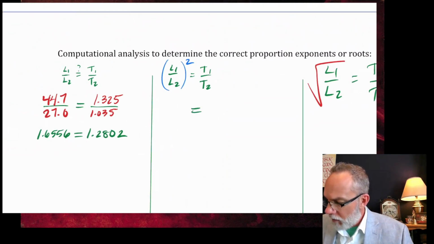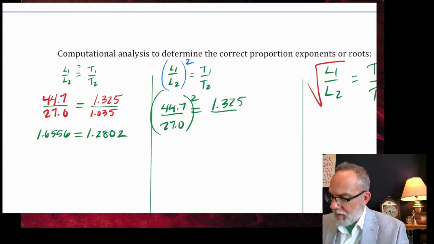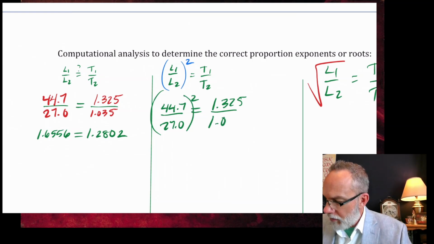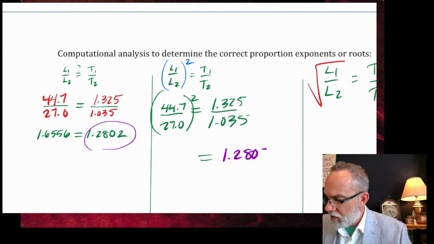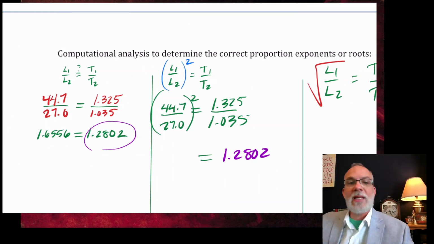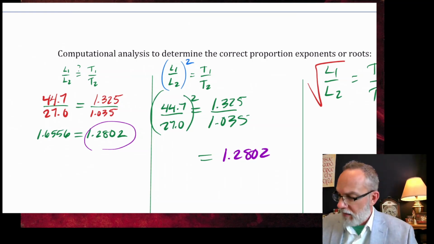Now, if you're thoughtful over the matter, you can see that these basic proportions are going to be the same except for the exponent, 44.7 over 27.0, but we have to square it, and that's equal to 1.325 divided by 1.035, and I already have a decimal for that. That's 1.2802. Now, I don't even have to redo this other fraction because I've got the decimal right there.